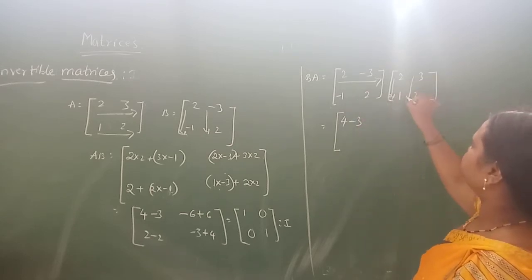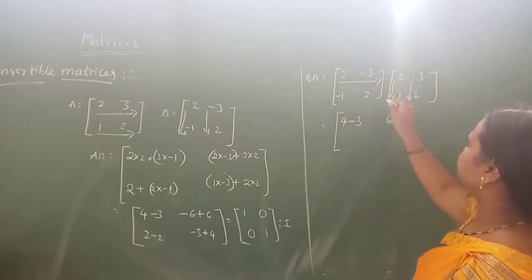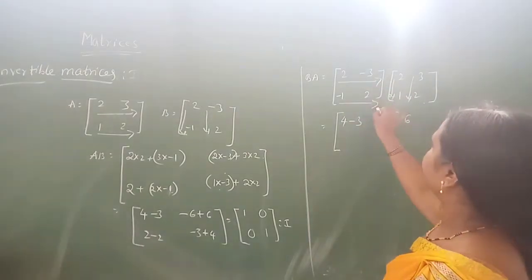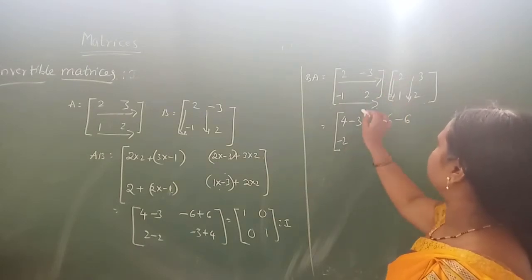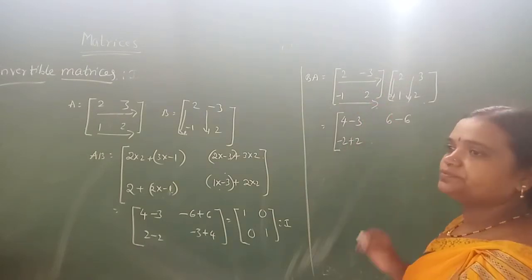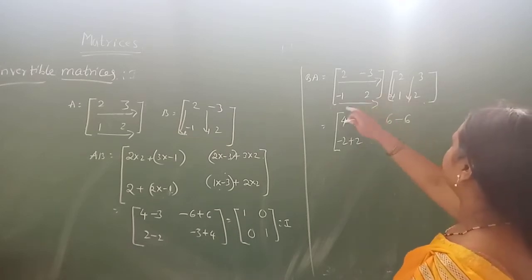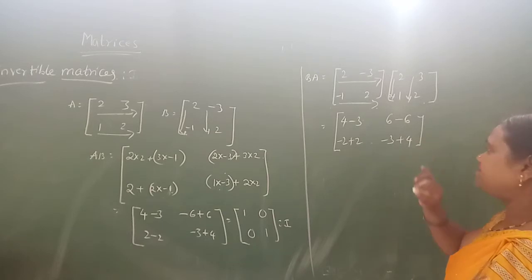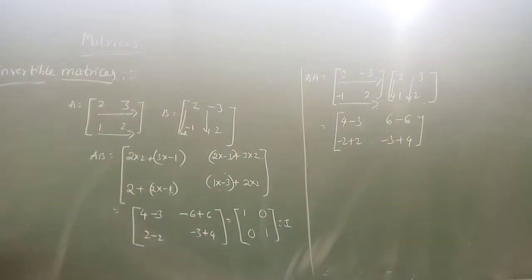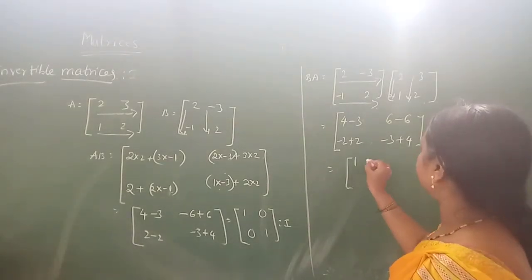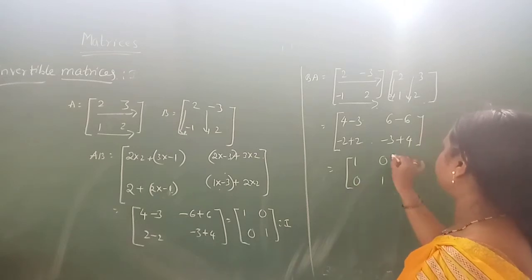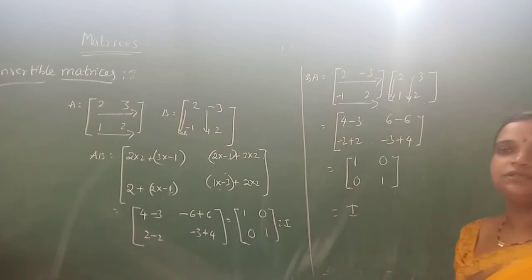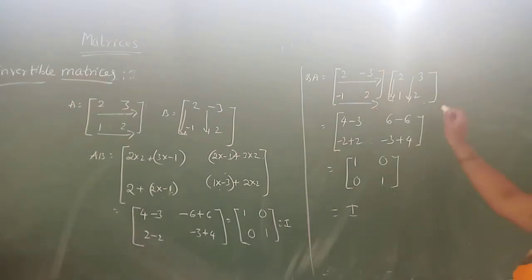First row, second column: 2 into 3 is 6, minus 3 into 2 is minus 6. Next, second row, first column: minus 1 into 2 minus 1, 2 into 1. Next, second row, second column: minus 1 into 3 minus 3, 2 into 2. We got 4 minus 3 is 1, and [1 0; 0 1]. This is also an identity matrix. BA is also an identity matrix.